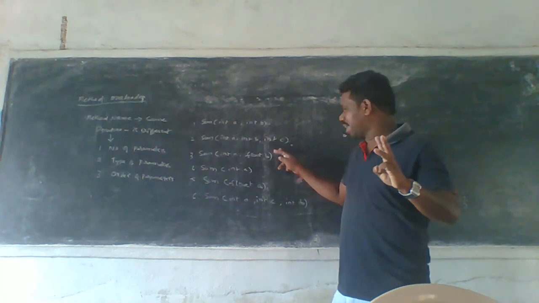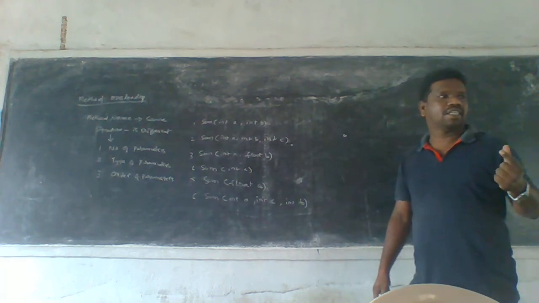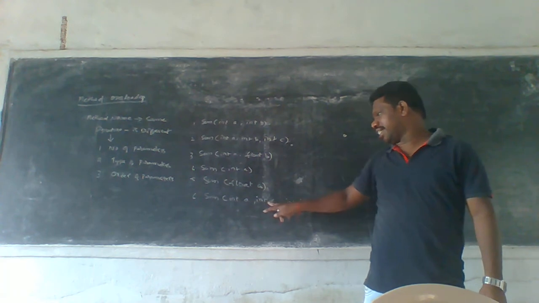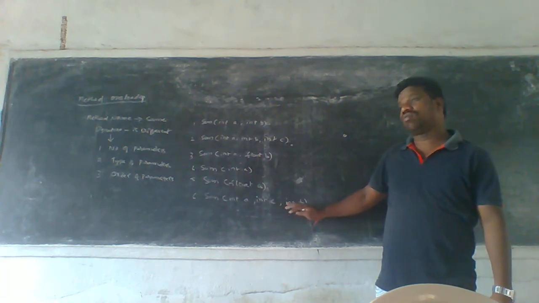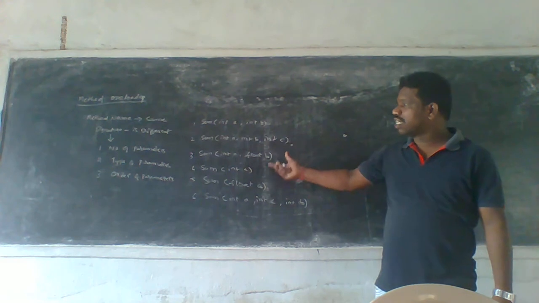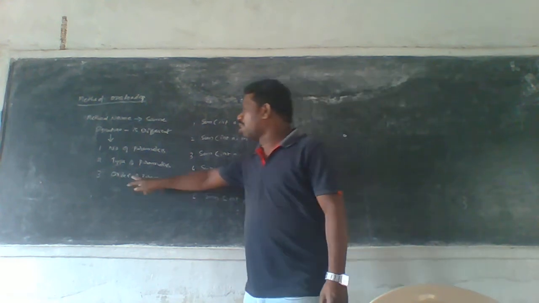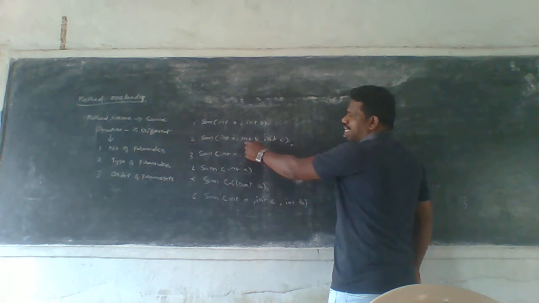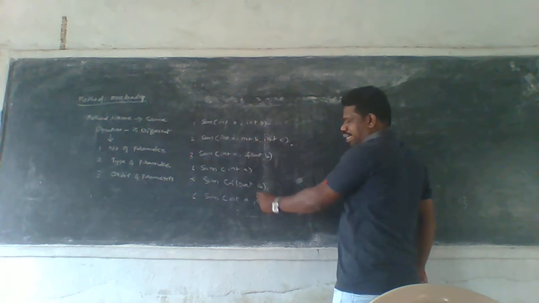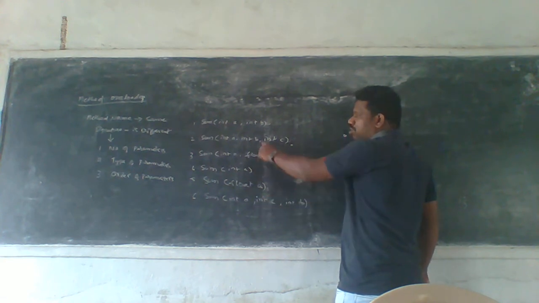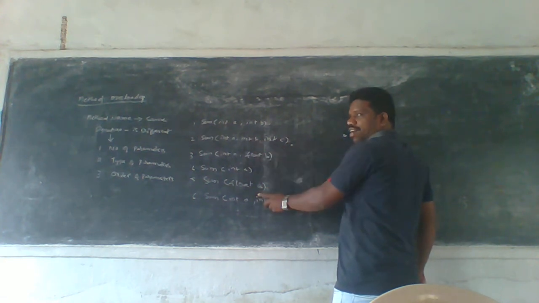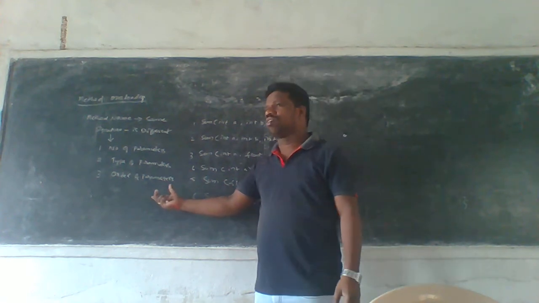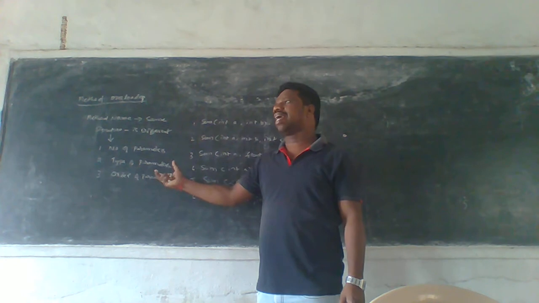Here also three parameters: int A, int C, int B. The same variables are used, but the difference is the order of parameters. Here int A, int B, int C, but there int A, int C, int B. So the order is different, that means the signature is different, hence method overloading is accepted.